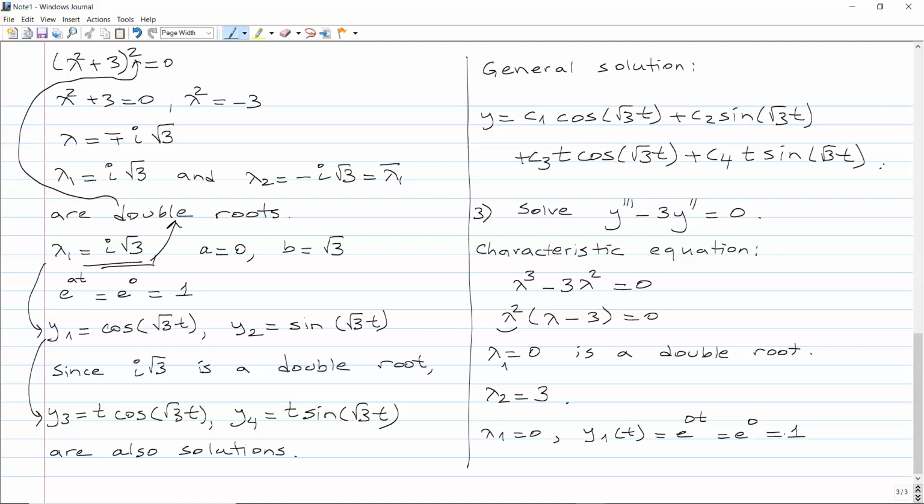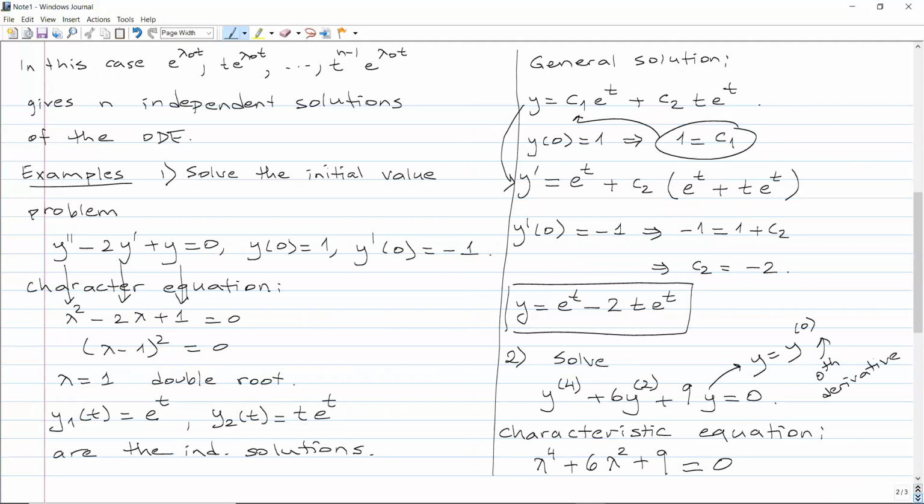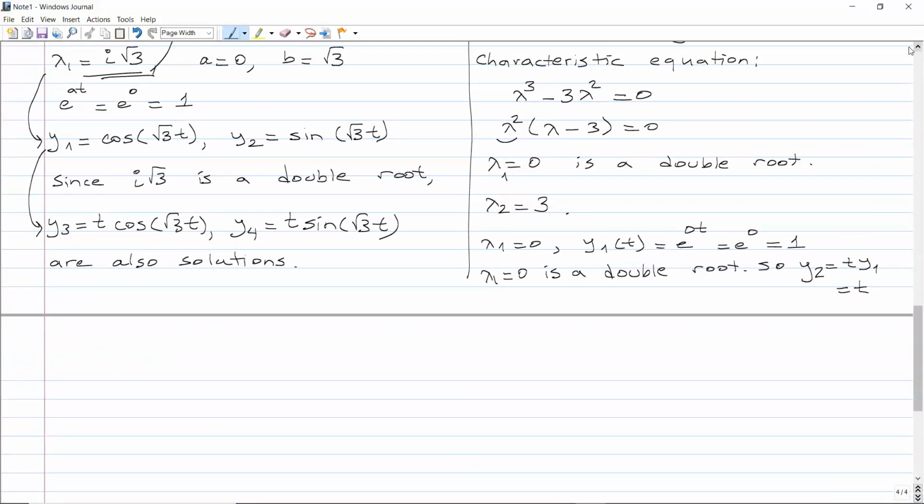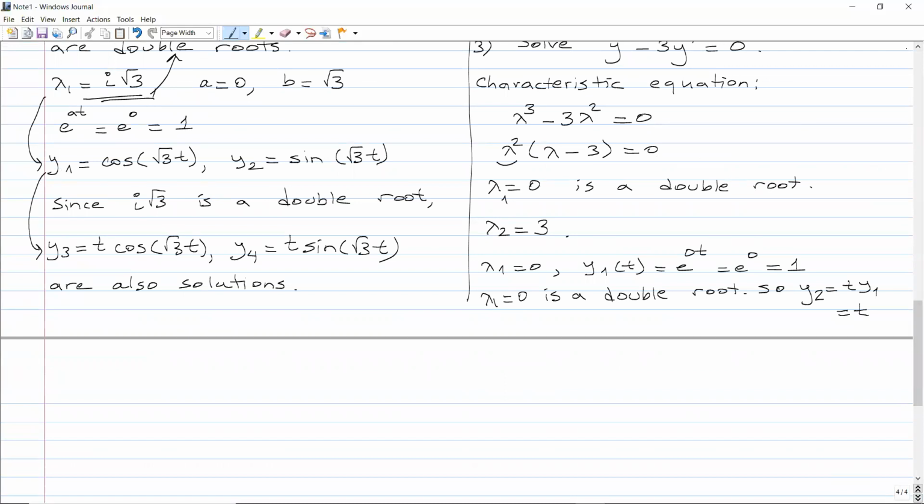Now, this is a double root. Lambda 1 equals 0 is a double root. So the second solution we get by multiplying the first solution by t. So my second solution is t. Now I have another root, lambda 2 equals 3.